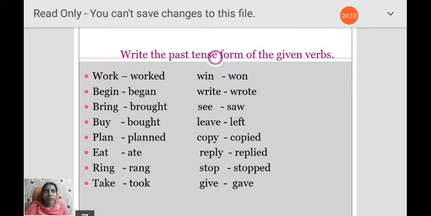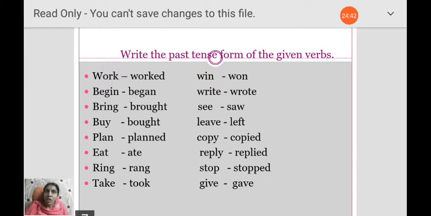So I will give you one tip to not get confused with the spelling. See, for the word bring, there is a letter R. Okay, br. And in the past form of the verb, R is there. In that way you can remember. In buy, there is no R. So in the past form, it is bought.